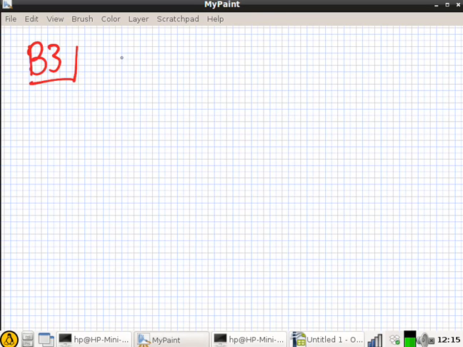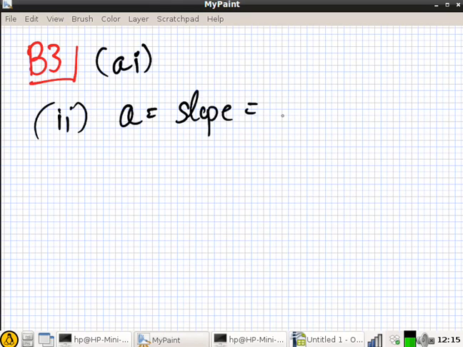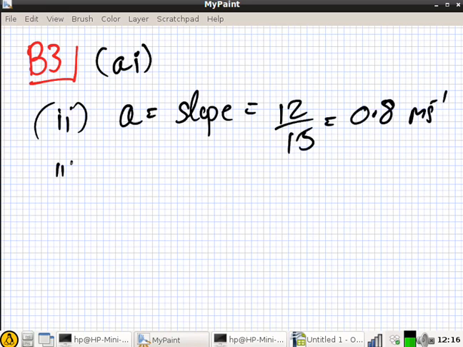Right. So I've done part 1. Now part 2. Acceleration is the slope. What was the height, please? 12 over 15. Okay, we can square it. And what's next?